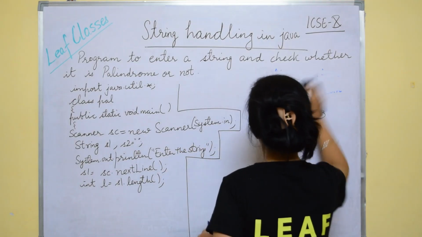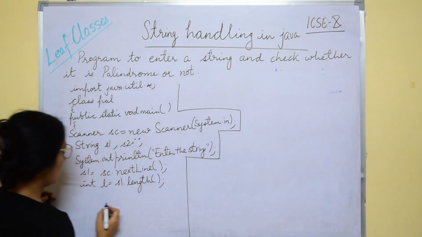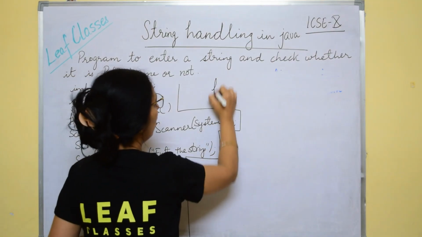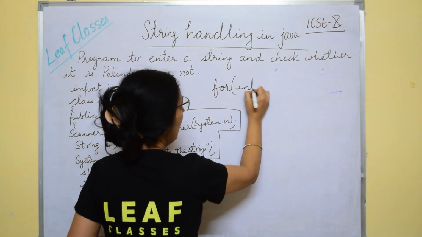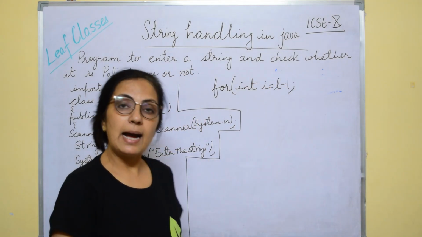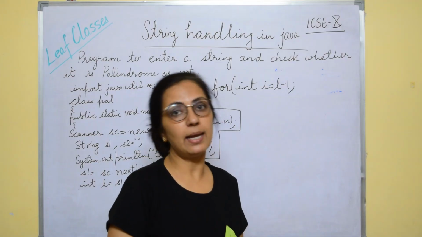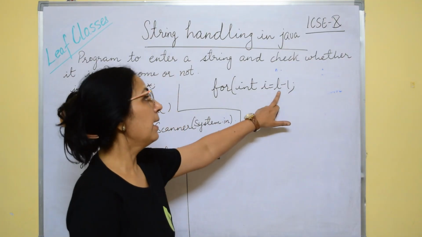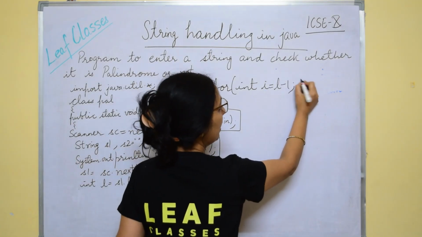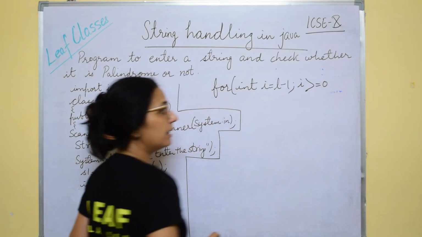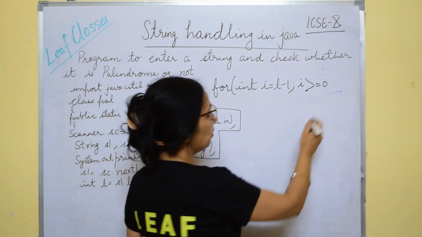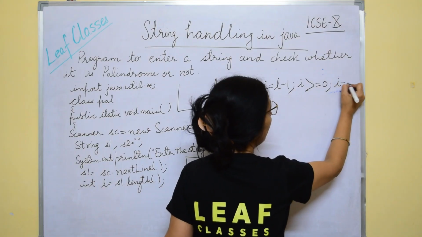So let's start the program. For this you have to take a loop: for int i equals L minus 1. The last index number of any string is length minus 1. In L we have the length, so it will start from L minus 1, and the first index number is 0. So we repeat while i is greater than or equal to 0, with i minus minus.